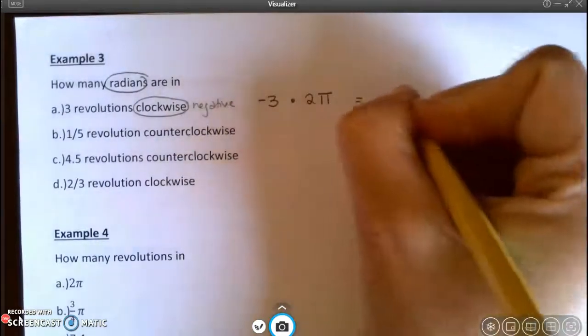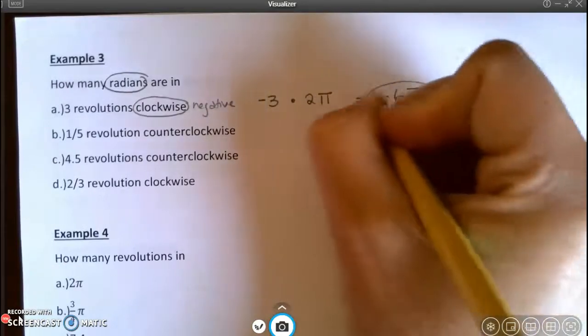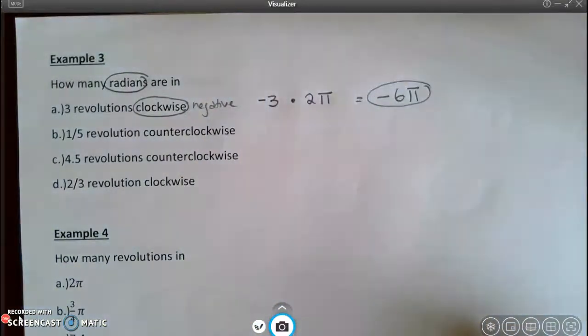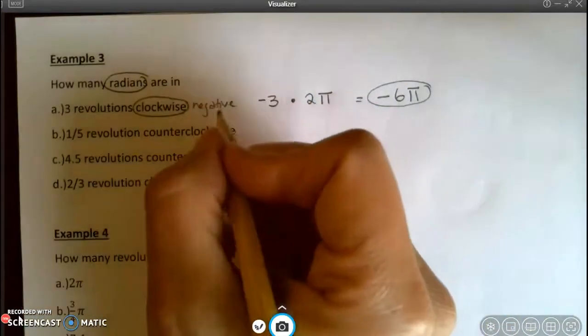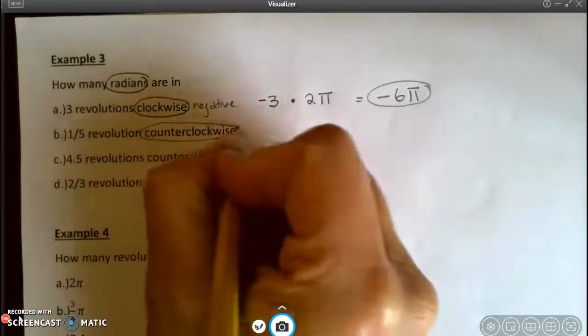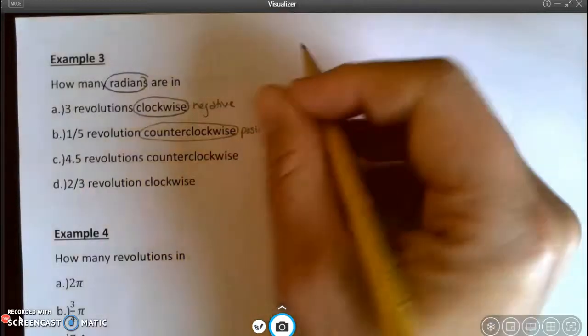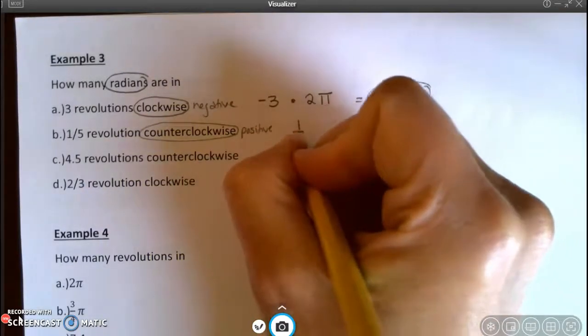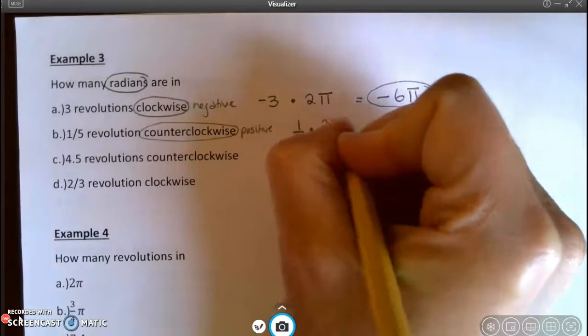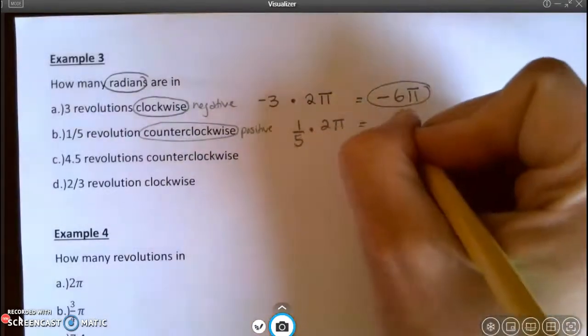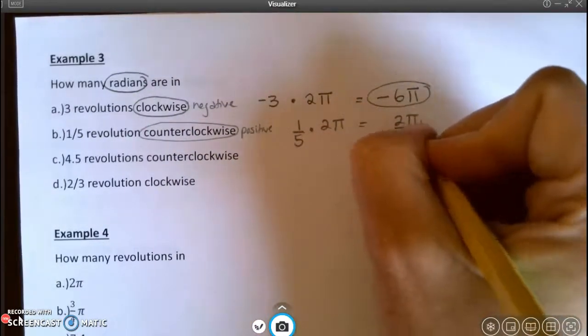So I get negative 6 pi. 1/5 of a revolution counterclockwise, that would be positive. So I have positive 1/5 times 2 pi gives me 2 pi over 5.